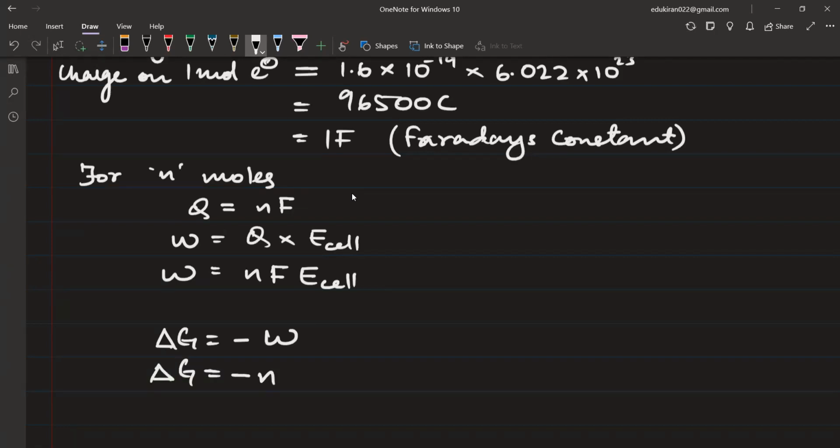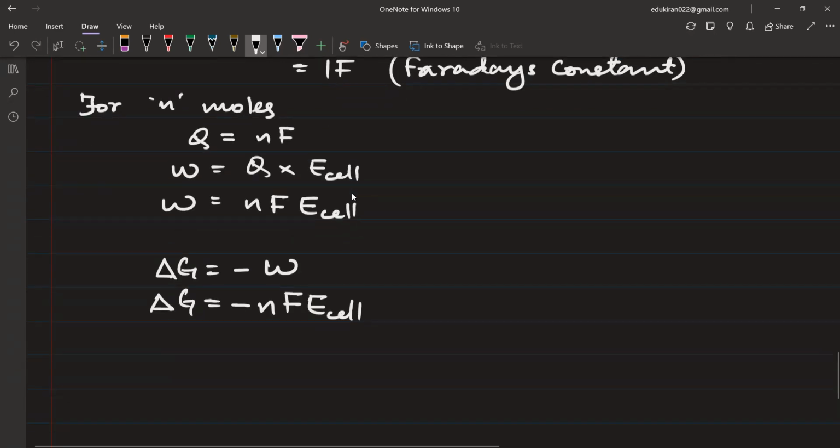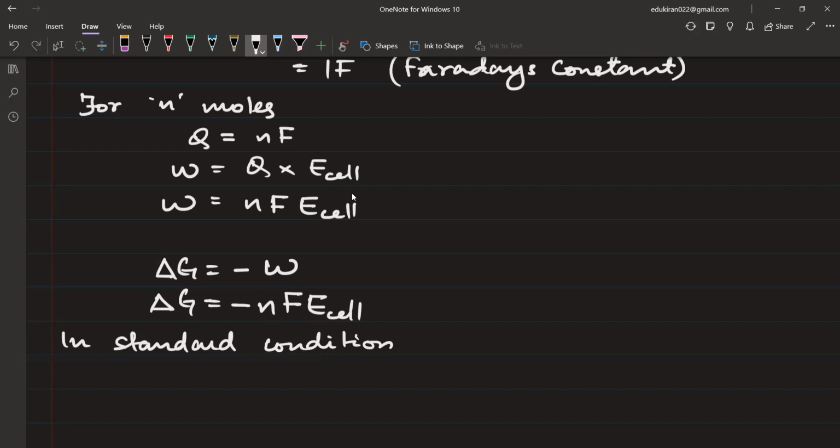W is equal to minus nF E cell. Okay. Now you will write in standard condition. In standard condition, the standard Gibbs free energy will be equal to minus nF E naught of cell.